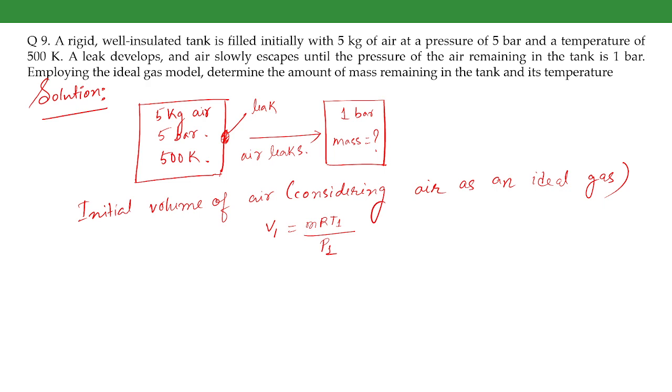Okay, so let me put in the value. So this is 5 multiplied by R, which is 287, multiplied by 500, by 5 into 10 to the power 5. Okay, so this volume comes out to be 1.485 meter cube.